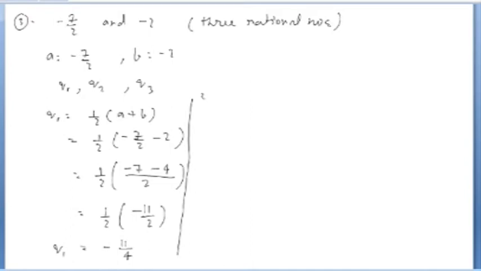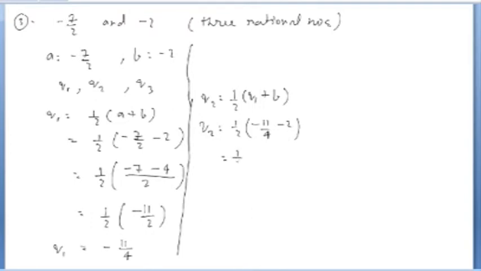Here q2 will be 1 by 2 times (q1 plus b). So q2 is equal to 1 by 2 times (q1 is minus 11 by 4 and b is minus 2).